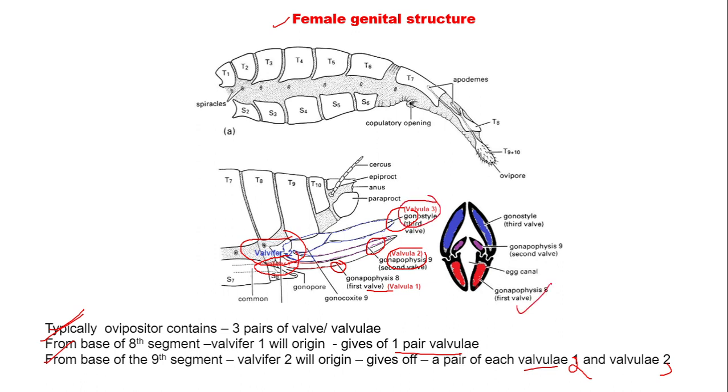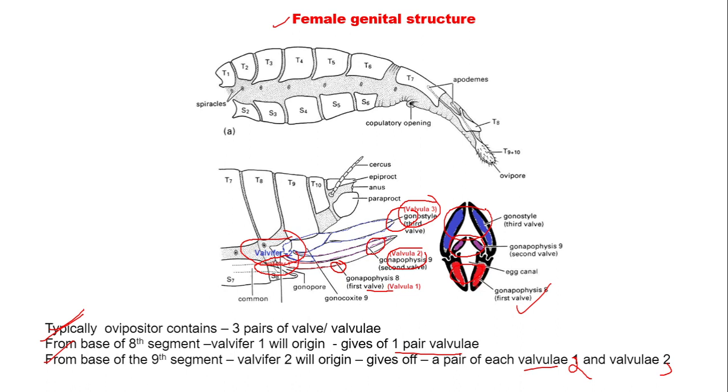See here also in vertical section, this is the first pair of valves or valvulae, this is the second pair of valves or valvulae, and this is the third pair of valves or valvulae.